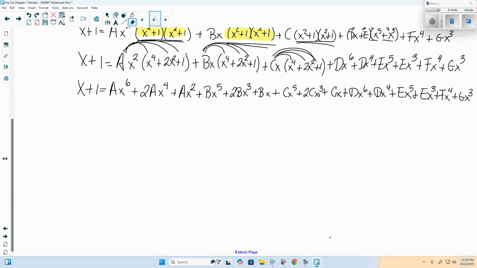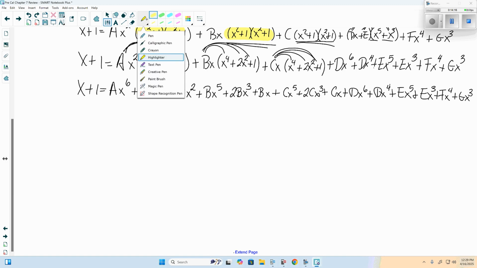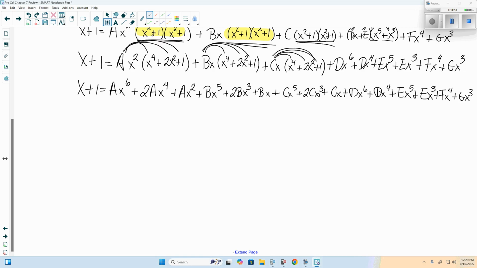Now we're going to group. So over here, we'll start with just our non-variable terms. When we plug the values of A, B, C, D, all those letters in, well, the variables are only, because like A to the 6th here, let me get a highlighter.